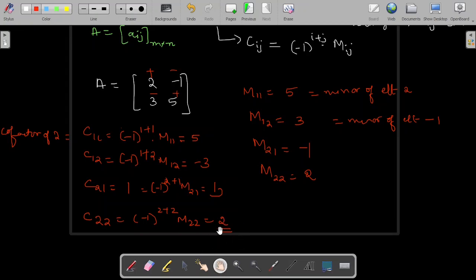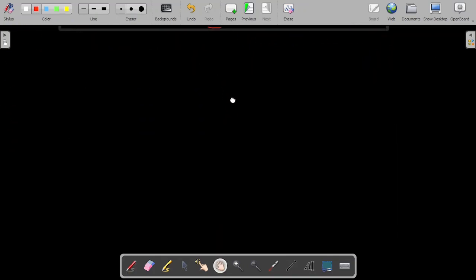So that is for a 2 by 2 matrix. This is how to remember the sign of each element: plus, minus, minus, plus. Now for a 3 by 3 matrix, finding minors and cofactors of all the elements, A equals 1, 0, minus 1, 2, 5, 3, minus 2, 4, 1.